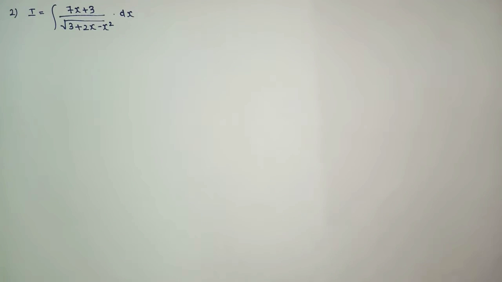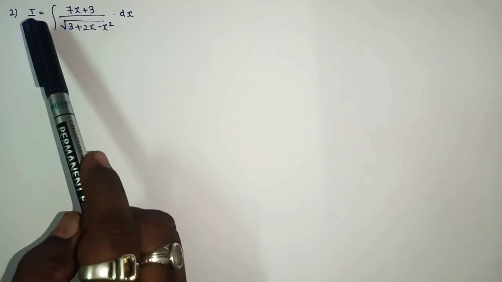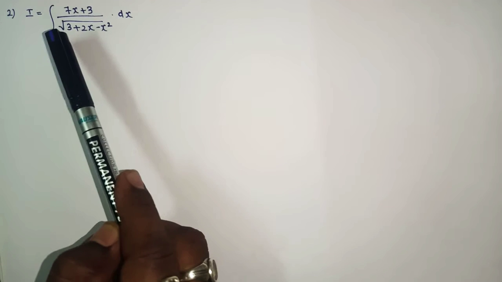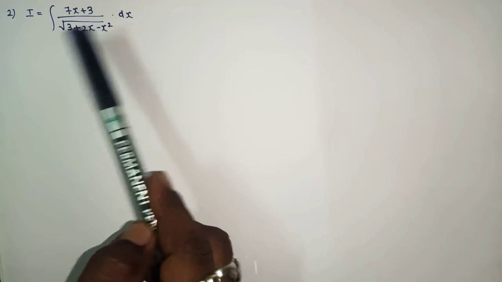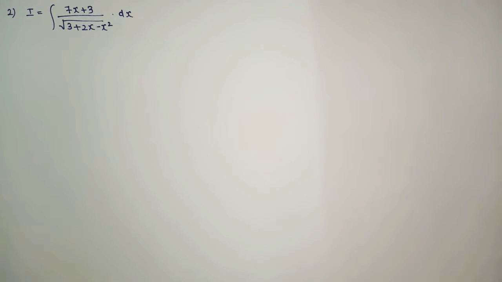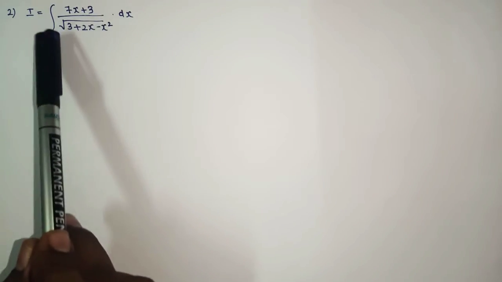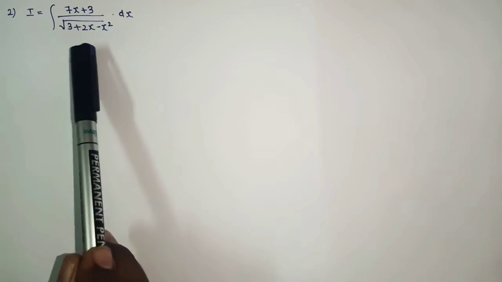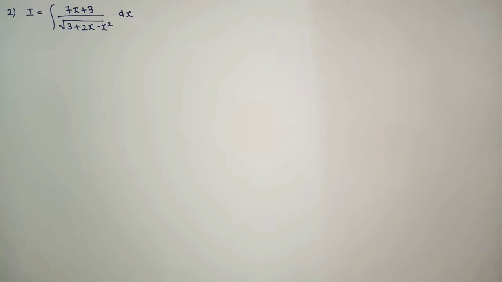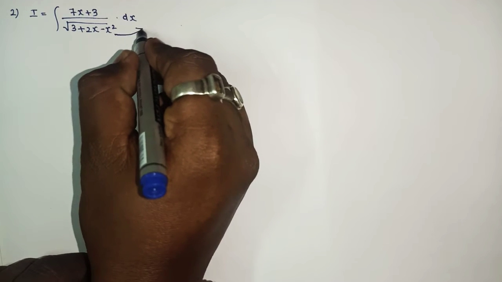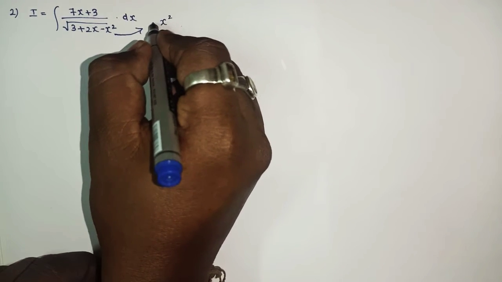So here we have the second example based on type number 2b. The question is: integral 7x plus 3 upon root 3 plus 2x minus x square. Clearly we can see that the numerator is linear and the denominator contains a quadratic form, but see that the symbol of x square here is negative.